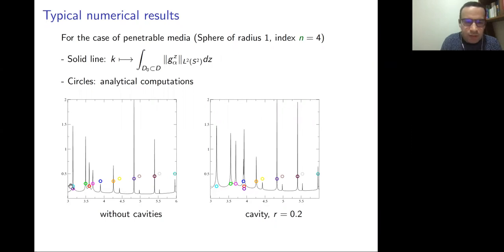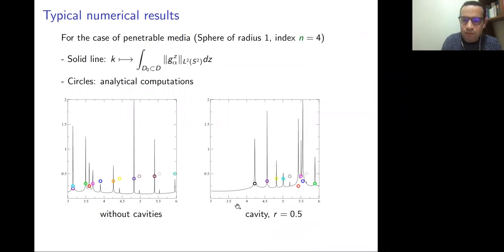See, there is a double eigenvalue here, and it becomes one. Even if you increase the radius of this defect, there is a shift in the spectrum. This is where the idea comes that these special frequencies can be of interest for the inverse problem or the inverse spectral problem, since they carry information about the index of refraction or some defects inside the medium.